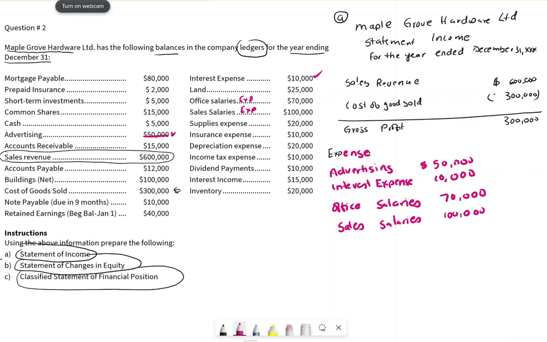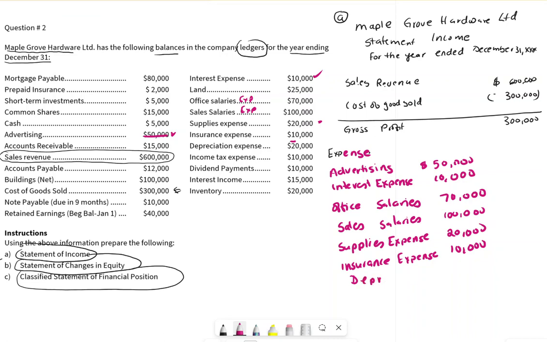Then we have supplies expense, and that is your $20,000. My insurance is 10. We also have a depreciation expense, and that is my 20,000.